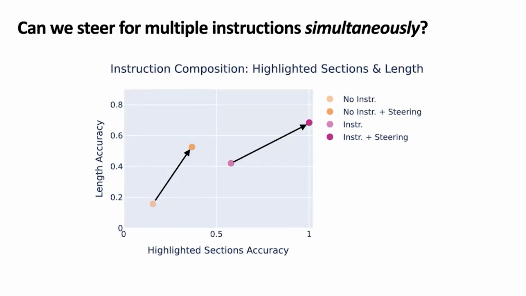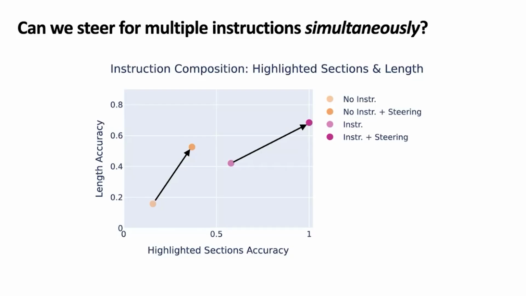So in this plot, the two axes represent the two accuracy values for the two constraints. The lighter points at the beginning of the arrow represent the baseline accuracies in the two cases, with instruction in the input and without instruction in the input.